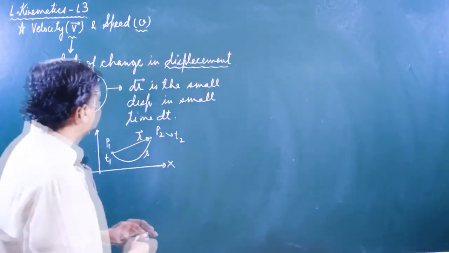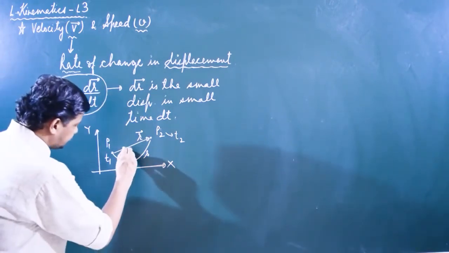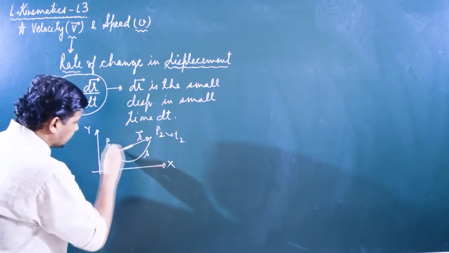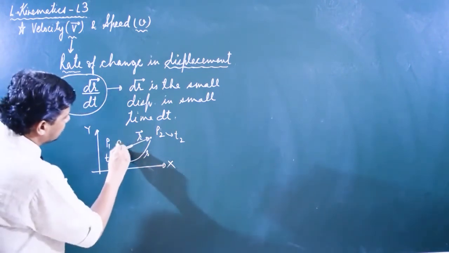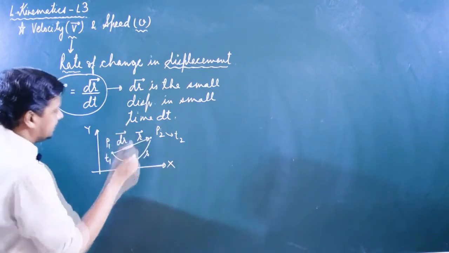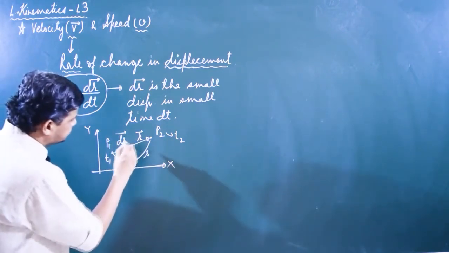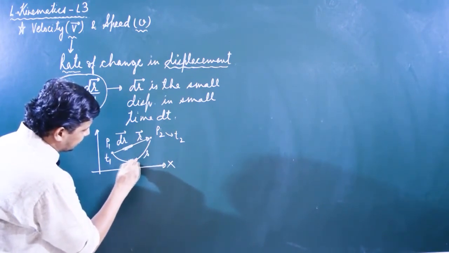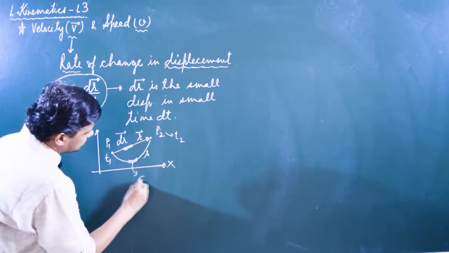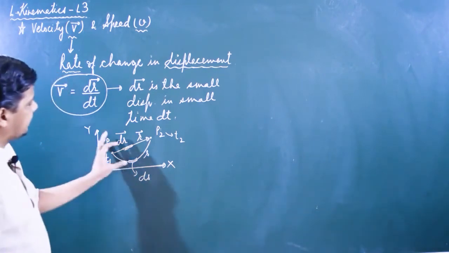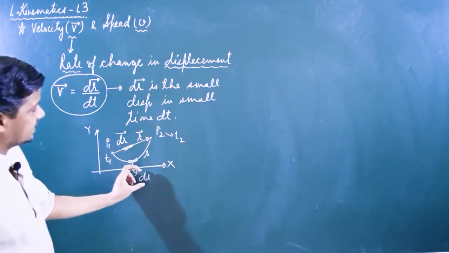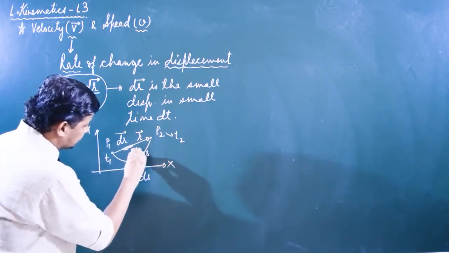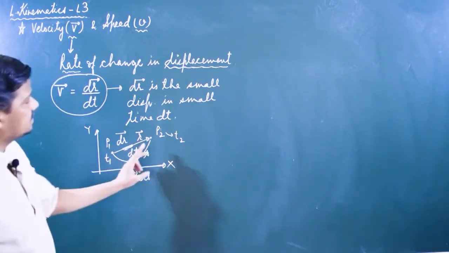Now we consider a small displacement. Suppose it is the small displacement between p1 and p2. This small displacement is dr. And also we can consider a small distance between p1 and p2. This small distance is ds. So dr and ds are the small displacement and distance respectively in what time? Small time dt. So dt is the small time between t1 and t2.